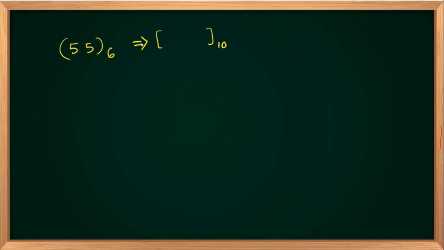Base 6 to decimal, lower base to higher base. 10 is greater than 6. How to identify the base 10 equivalent of the number 55 base 6? What's your answer? How to convert that?